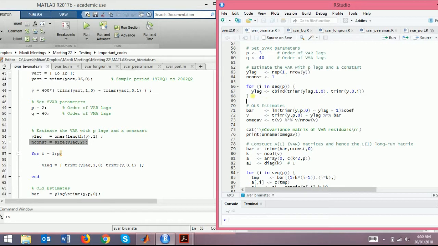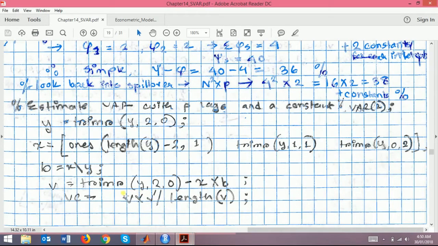So if beta is x regressed on y, in this case what we did here is that simply x is representing our ylag. So ylag is basically x. You see, ylag here is simply x.